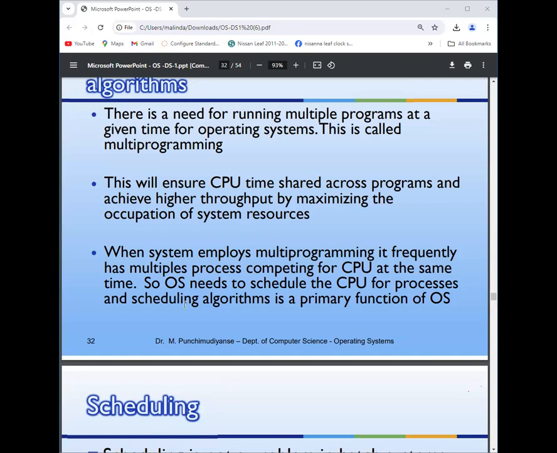Now suppose you have one CPU and it is running so fast, and with multiple processes, you divide that CPU time into process 1, process 2, process 3, and so on, and give a part of the CPU time to each process. Each process then runs on the CPU. However, after some time, control switches to another process. Again, after some time, it gives the CPU time to another process, and so on.